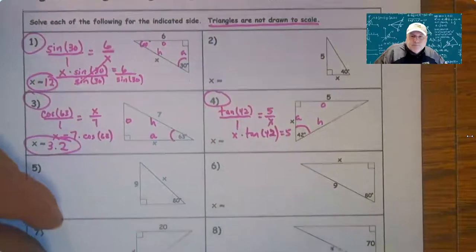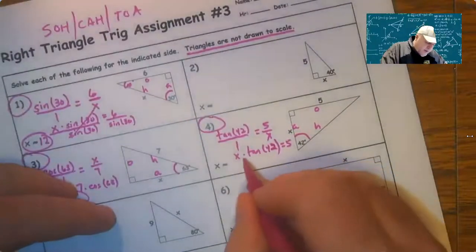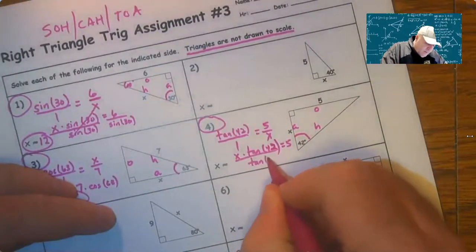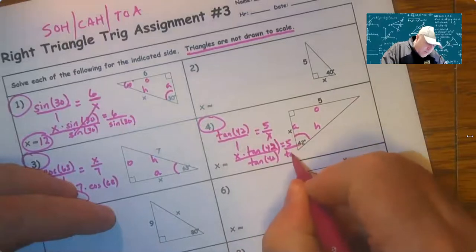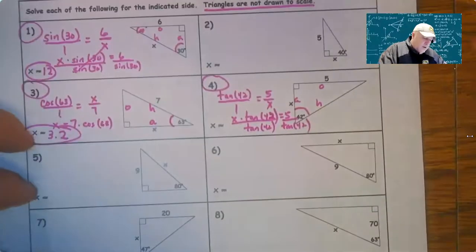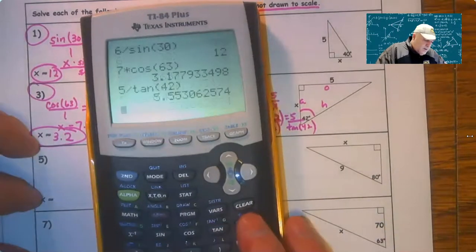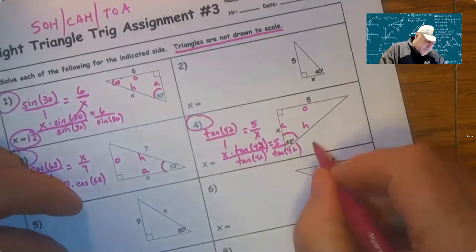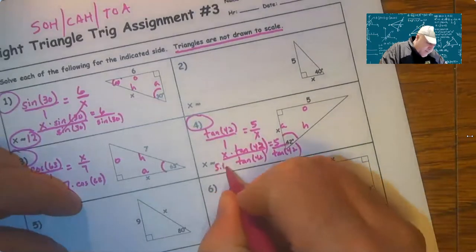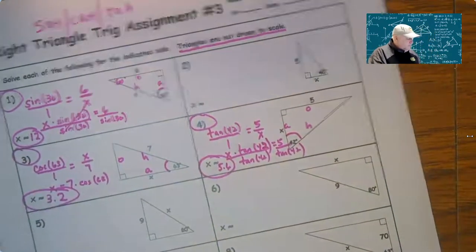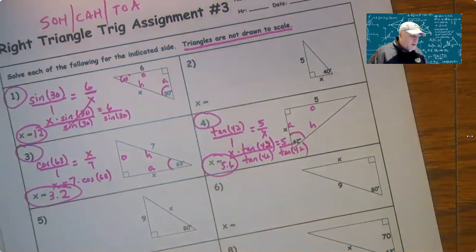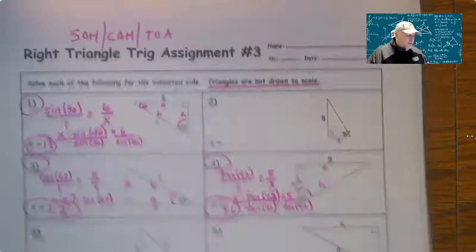Divide both sides by tangent 42, and that will be about 5.6. Make sure I'm checking my answers here. That's right. Okay, next page with angles.